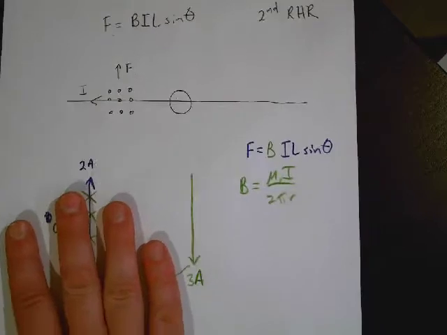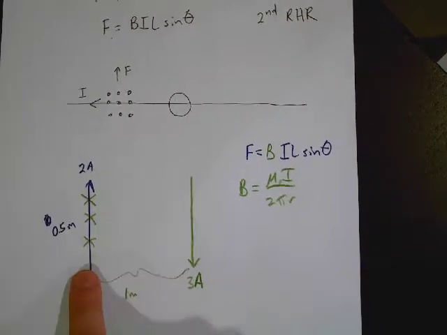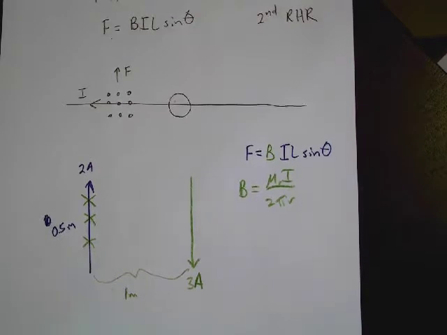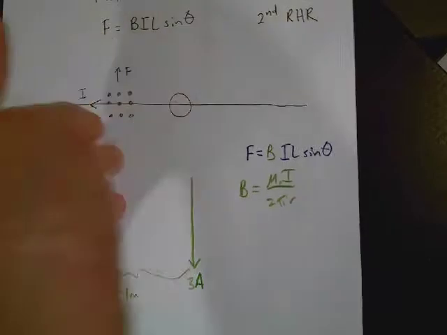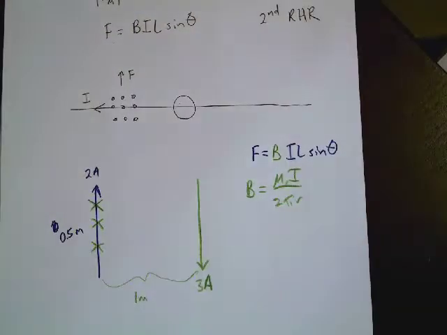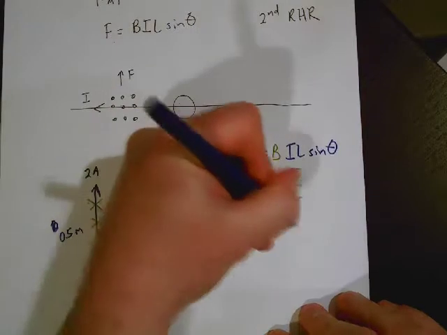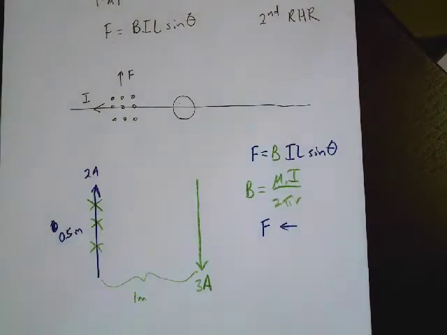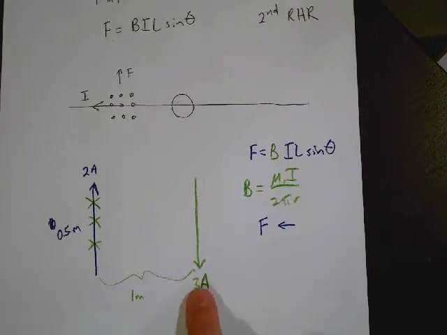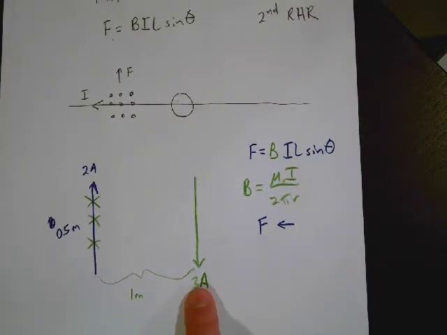Now, it's true, I want to make sure everybody understands, there's green X's everywhere over here. So any place like where my hand is, there would be green X's. But I only care about the magnetic field there because we're trying to find the force on that wire. Well, then if you do your second right-hand rule, current, magnetic field, the force would be to the left in the negative X direction.